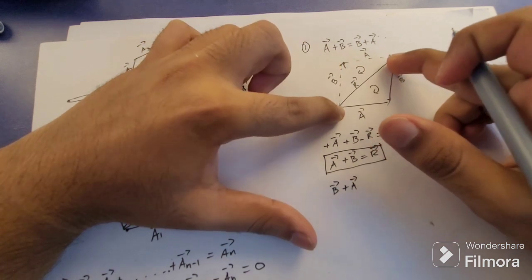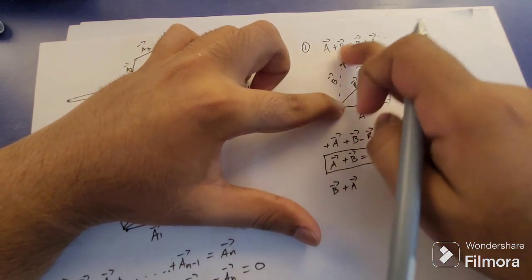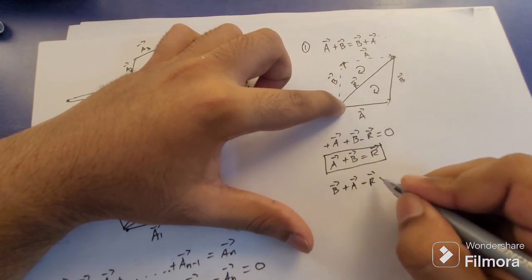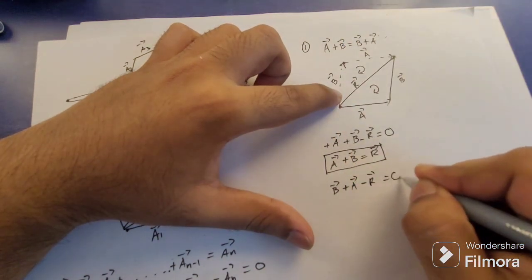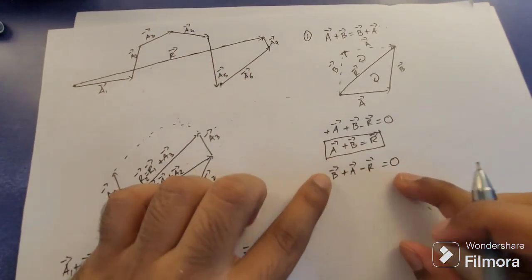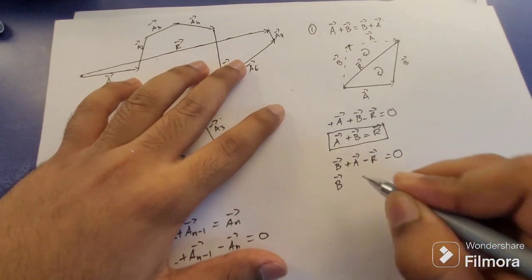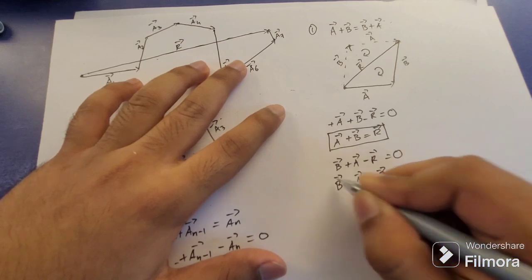Minus r vector as I'm again coming against the direction of r vector while traversing the upper half. Again the sum along a closed loop is 0, so equals to 0. Now if I rearrange this second equation, let us see what do I get. B vector plus a vector equals to r vector.